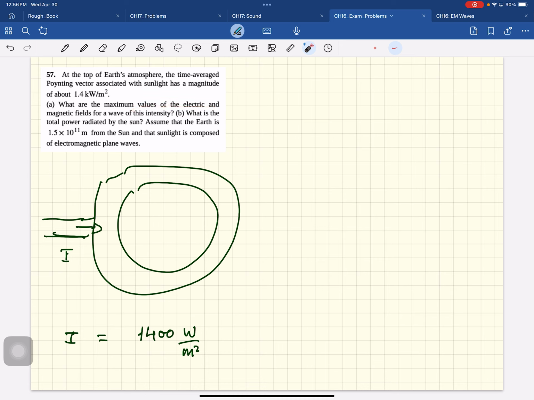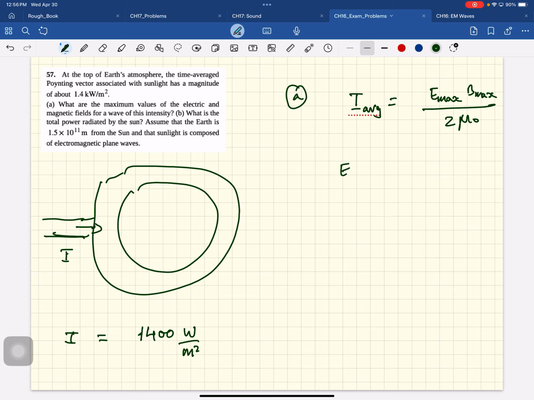Okay, so if you look up your notes, the average intensity is equal to E max times B max divided by 2 mu naught. And E max and B max are related.